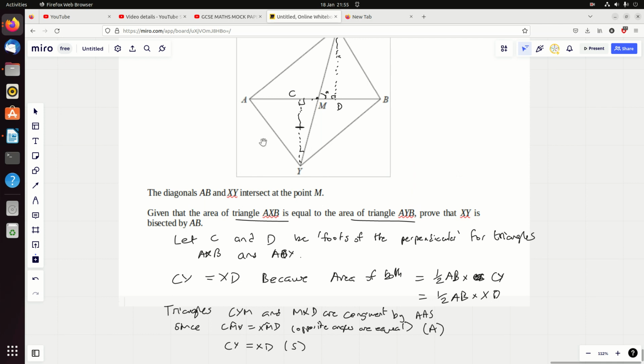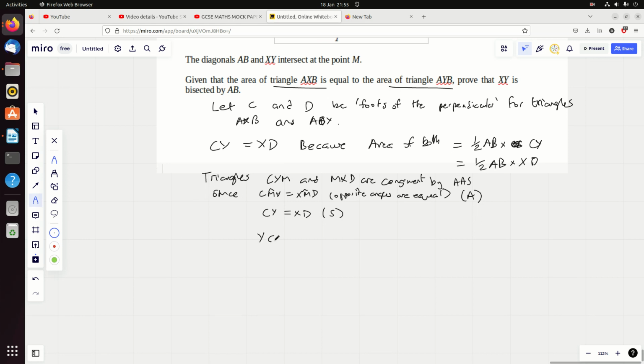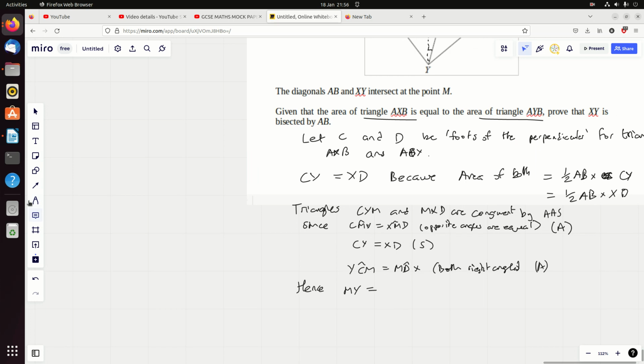So YCM is MDX, both right angles. Yeah, so you can see the triangles are absolutely identical, and hence MY, because the triangles are congruent, must equal MX, and M bisects XY.